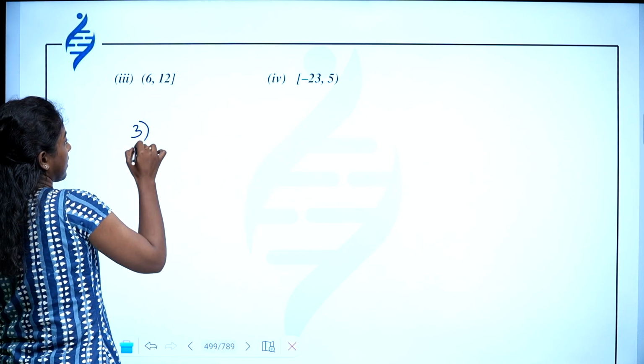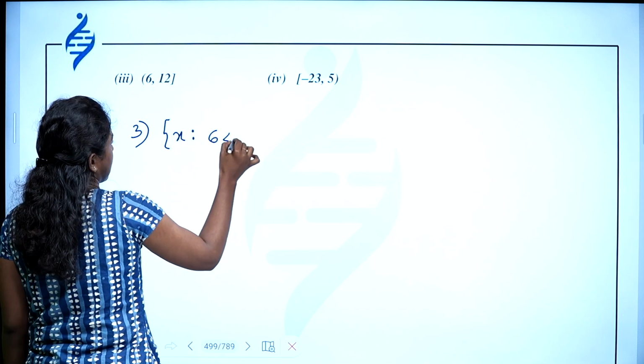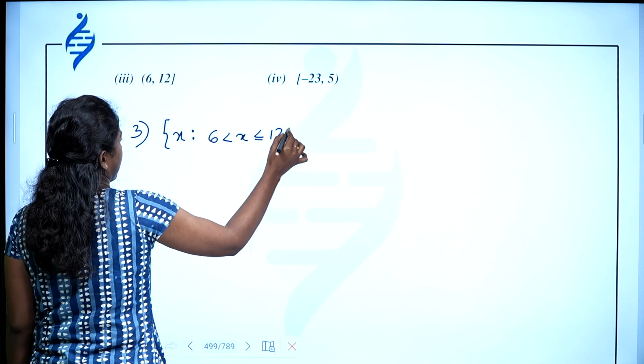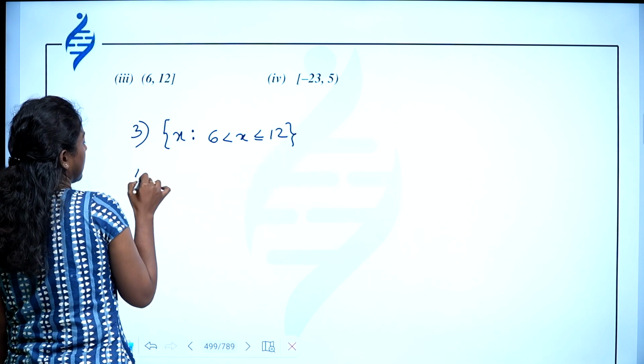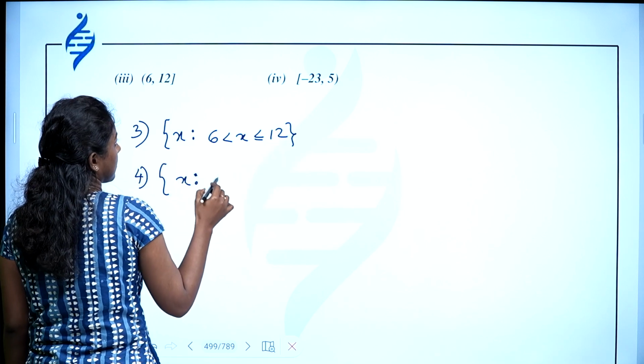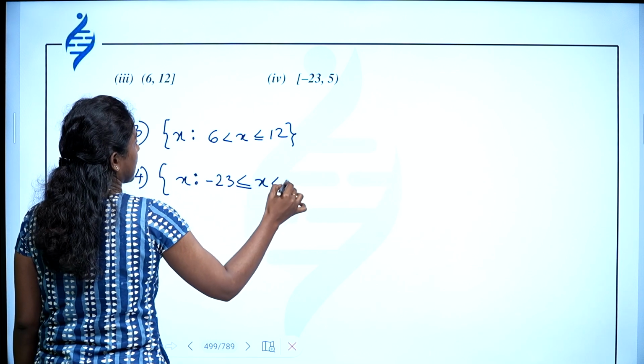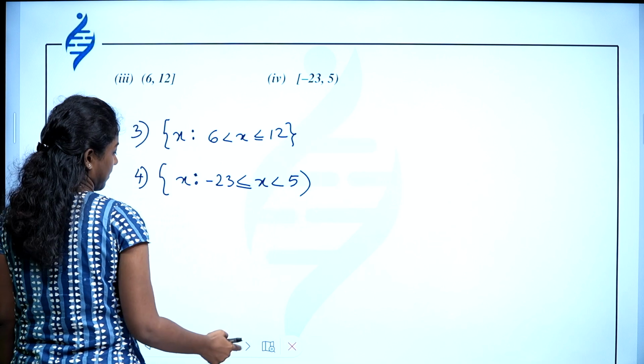Then third one, set of all x such that 6 less than x less than or equal to 12. Then fourth one, set of all x such that minus 23 less than or equal to x less than 5.